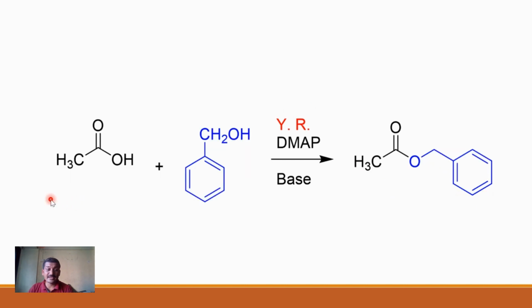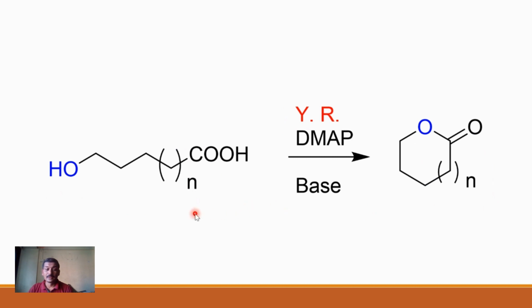Another example is acetic acid with benzyl alcohol, and you will get the benzyl ester. This is another example where you will see intramolecular esterification, and you will get the cyclic ester that is called the lactone.